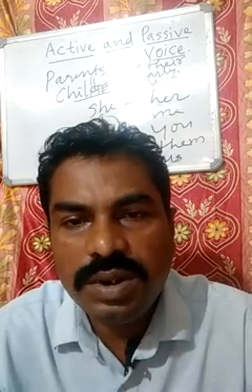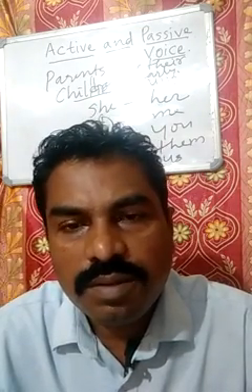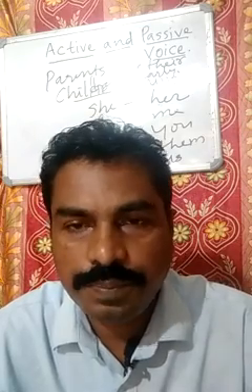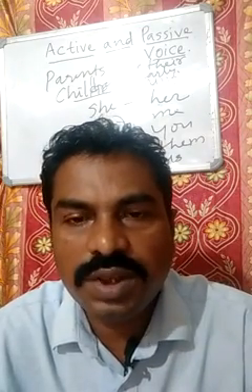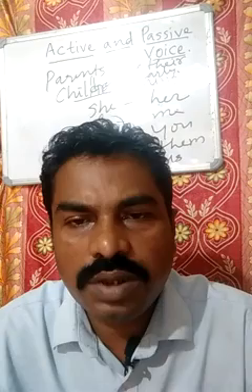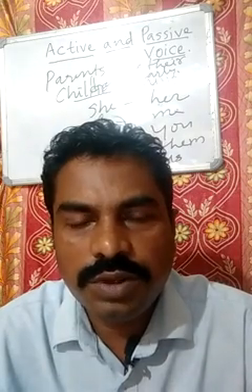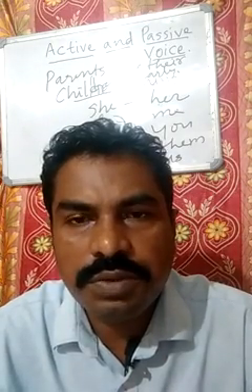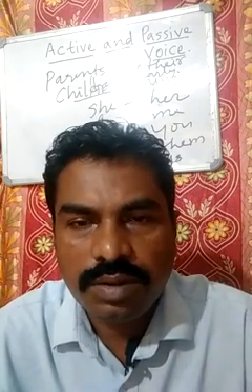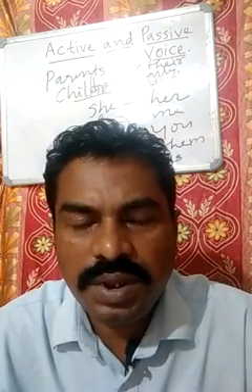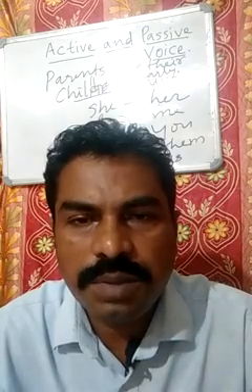Been is also added, B-E-E-N. Now if the sentence is "He has read a book," when you change it, you will write "A book has been read by him." "They have played cricket." "Cricket has been played by them."